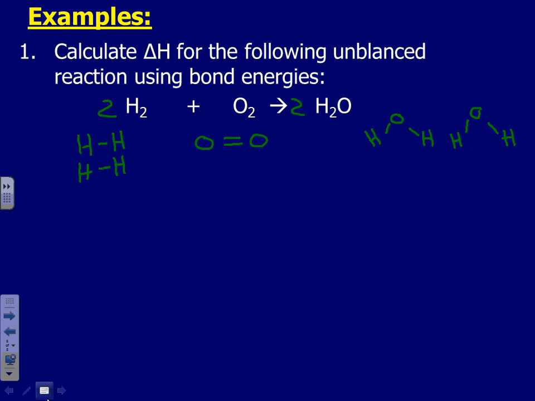What I normally would do would just dive in and start writing numbers down. But if I'm going to do it like the textbook, the delta H is going to be equal to, and now I have to add up all of these bonds.